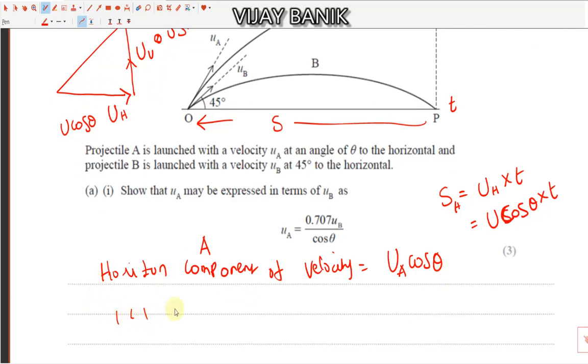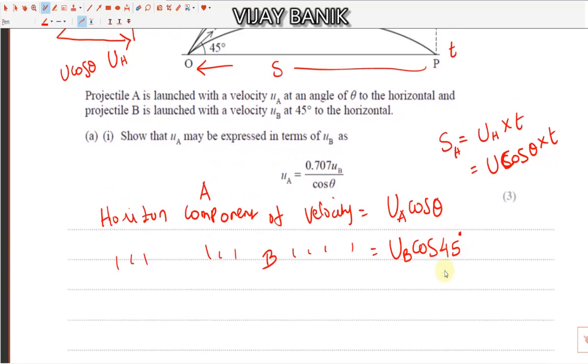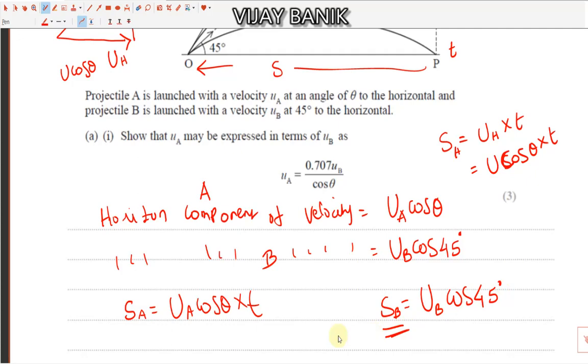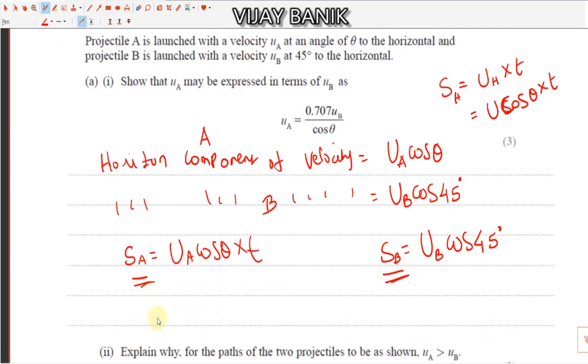For B, it is going to be UB cos 45 degrees. Both have traveled the same horizontal distance, right? So horizontal distance for A is UA cos theta times t, and for B it is UB cos 45 times t. We know they are equal, SA equals SB.